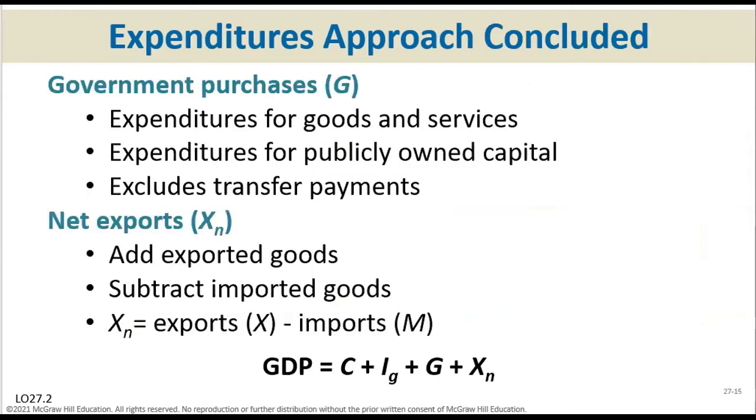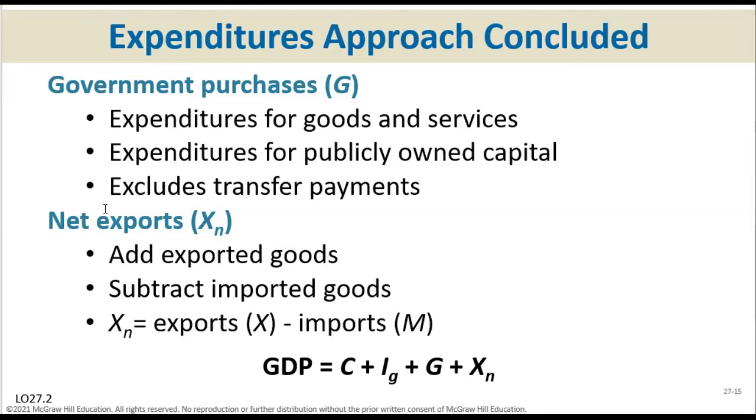So now the last two components of the expenditure approach are government purchases, which is G, and the net export, X sub N. Government purchases are those expenditures on final goods and services by government, and expenditure on publicly owned capital, and that excludes, again, the transfer payments, like we said before.